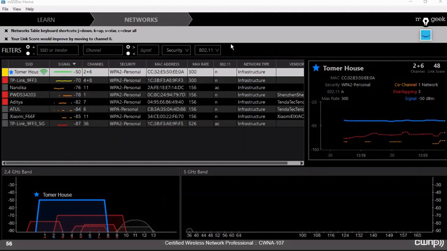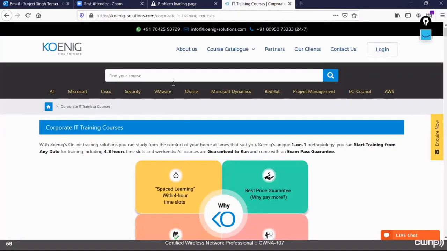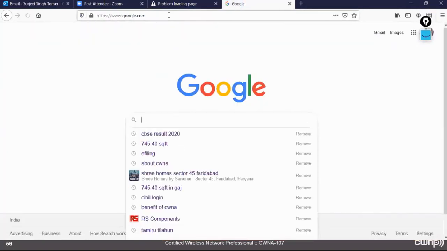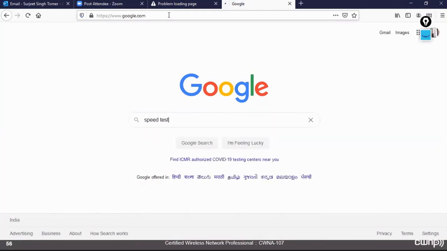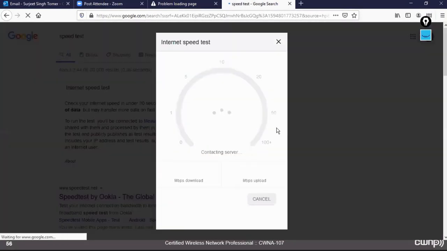I would like to show you the network connectivity. Here I can go to Google and type speed test. If you run the speed test, you can see this is my laptop. I'm talking to you right now, giving you the CWNA information.